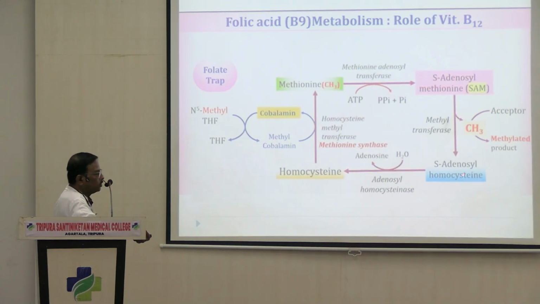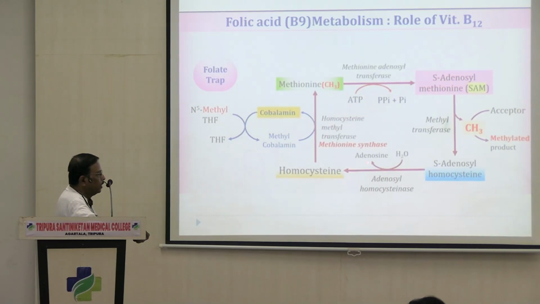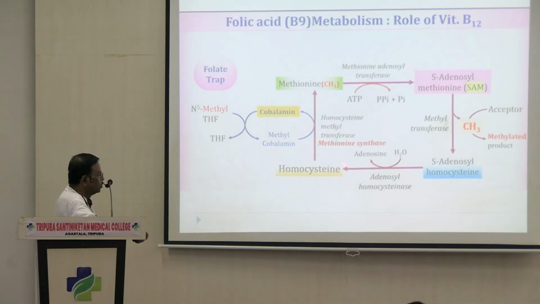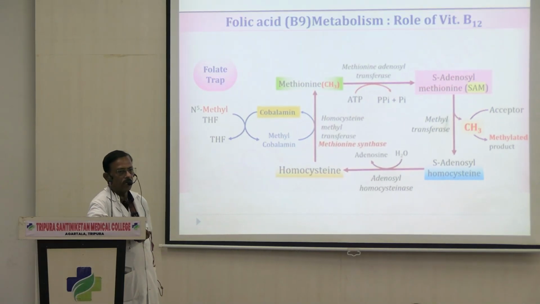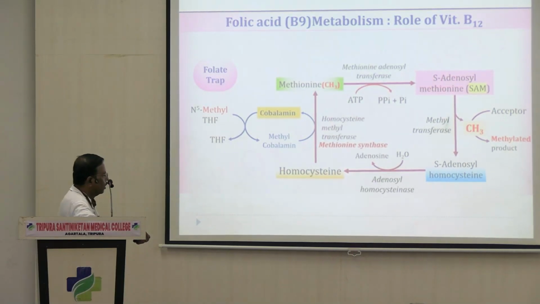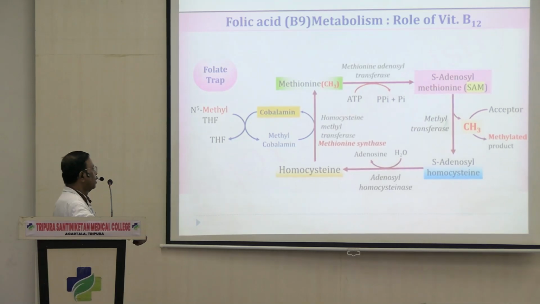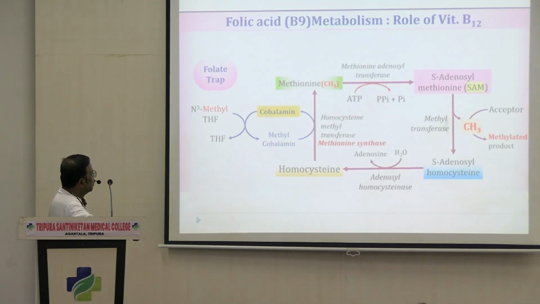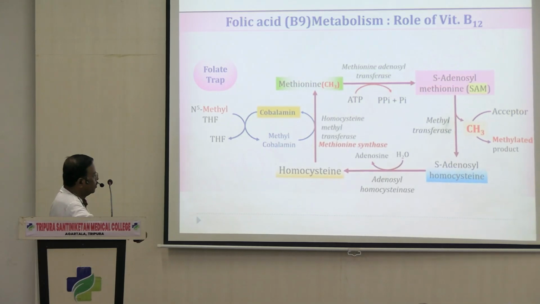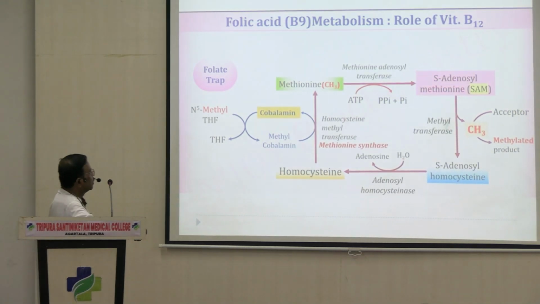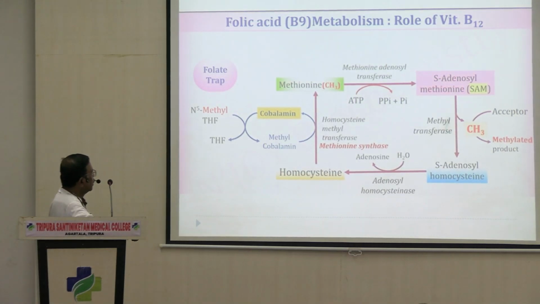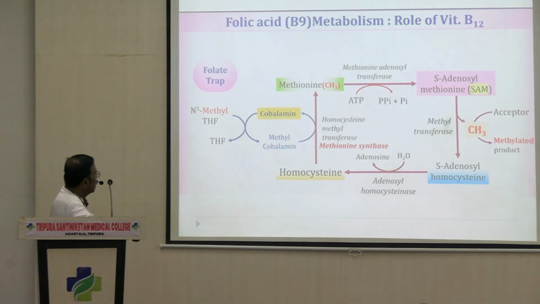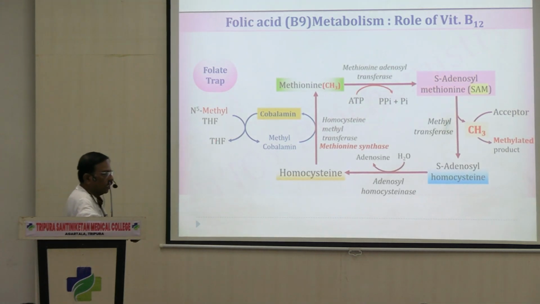Now S-adenosyl homocysteine will be cleaved by adenosyl homocysteinase. Adenosine will be removed and homocysteine will be released alone. Now this homocysteine, with the help of methyl cobalamin, will get converted into methionine, and this reaction will help regeneration of tetrahydrofolate.